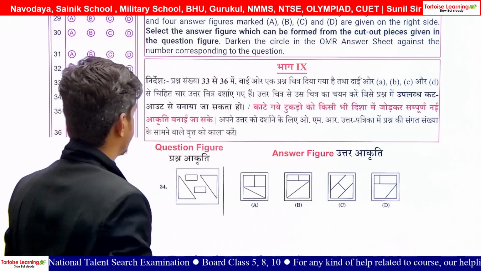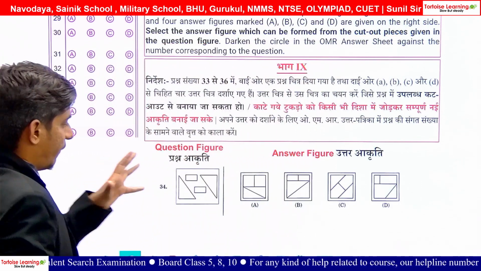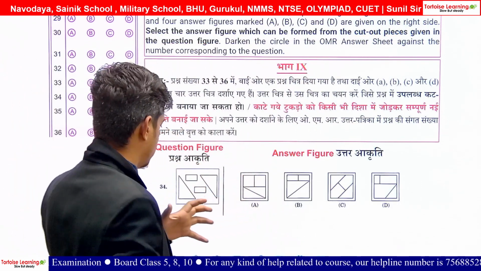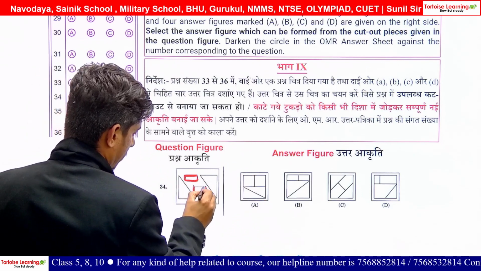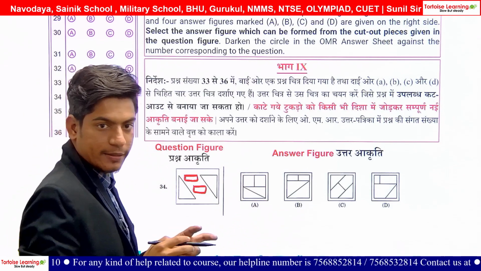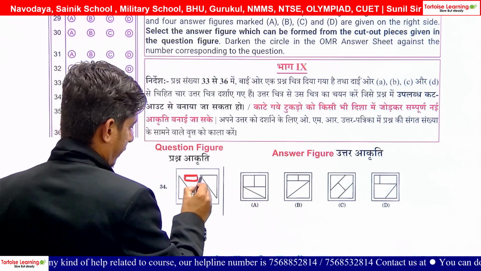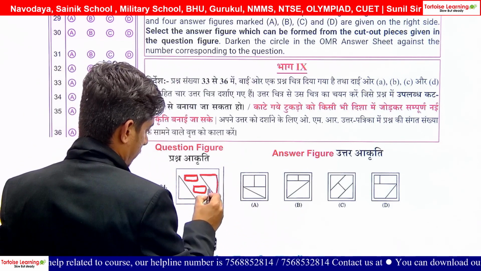Now next, if I look at this type of figure, there are 2 rectangles and 2 triangles, right angle triangles.